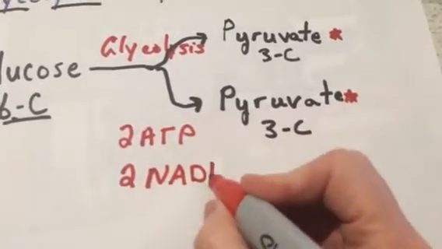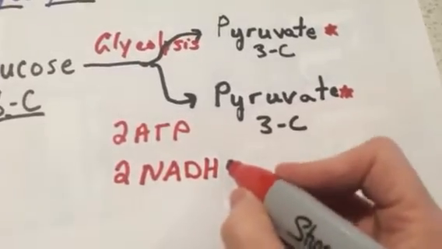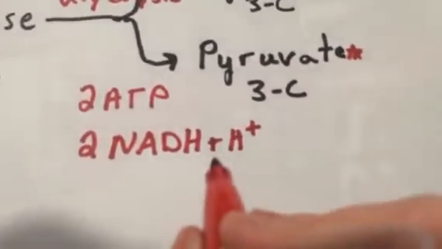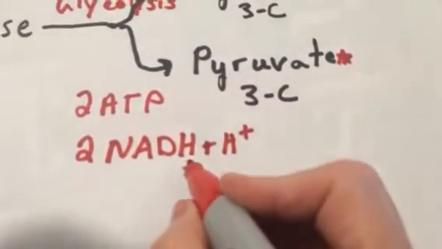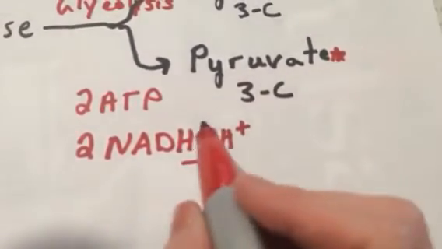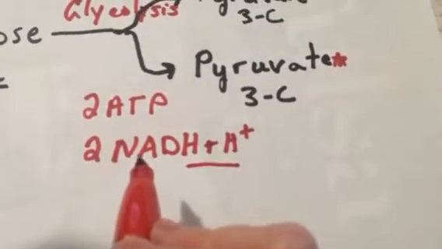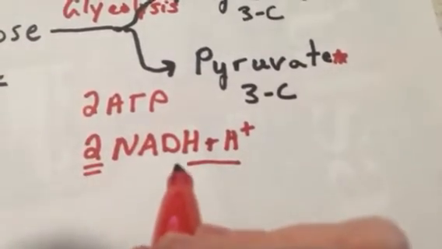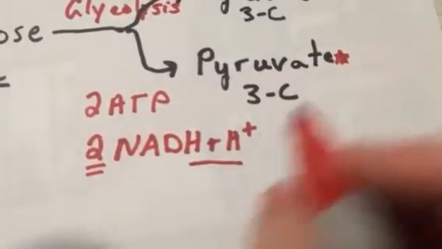So that means we will produce 2 molecules of NADH, which really means we've harvested how many hydrogen here? Well, that's 2 hydrogen per molecule of NAD, since we have 2 NAD molecules that have been reduced. So we have 2 NADHs.